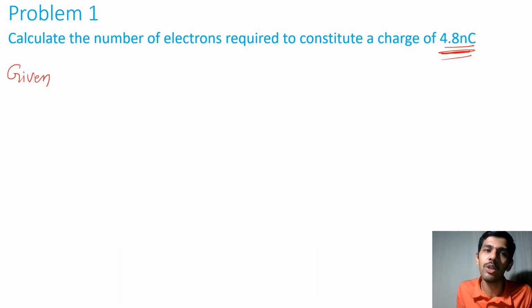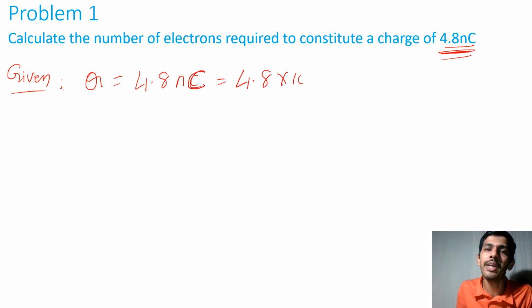They have given the charge Q is equal to 4.8 nanocoulomb. How to write nanocoulomb? That is 4.8 into 10 to the power of minus 9 coulombs. That is called 1 nanocoulomb.